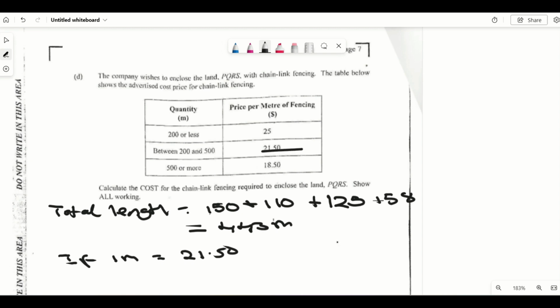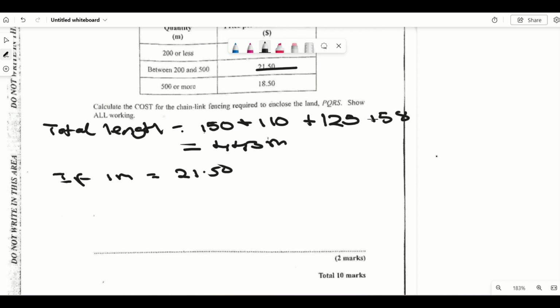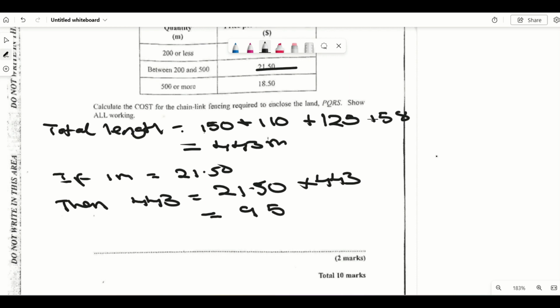Then 443 meters is equal to 21.50 multiplied by 443, and this would be equal to 9,524.50, and that is the cost to buy the chain link fence.